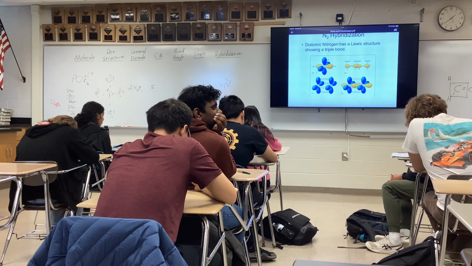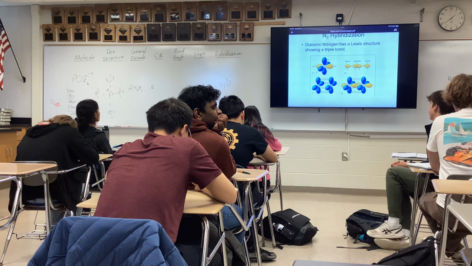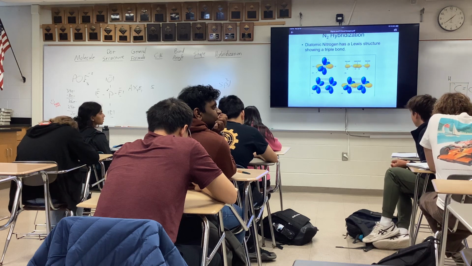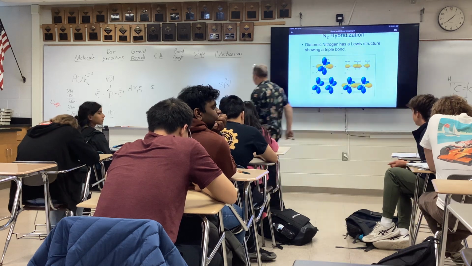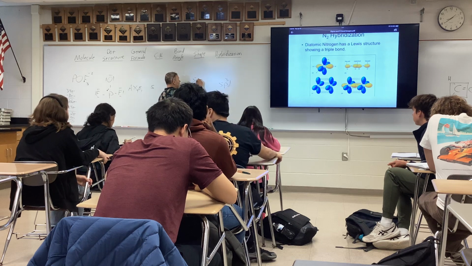But if you have extra electrons and the center atom already has its full octet, then you add that extra pair to the center atom. Does that help you? Is it just called seesaw? It is. Seesaw, very technical name.